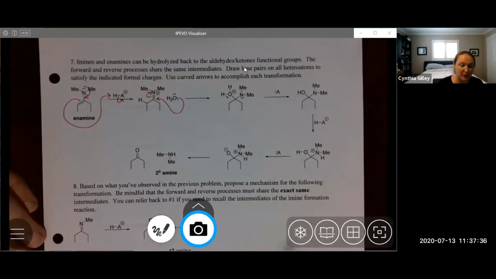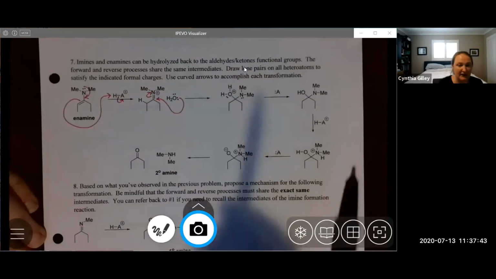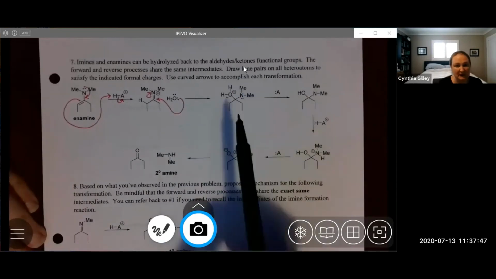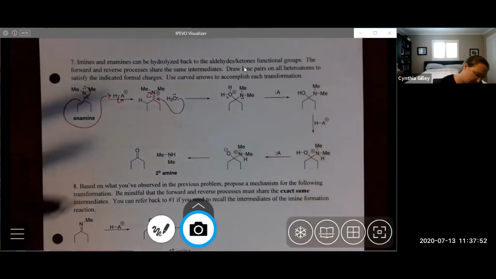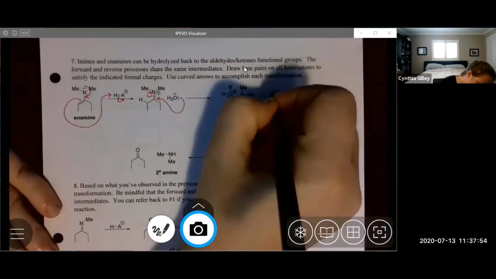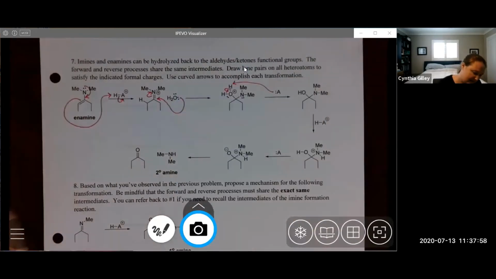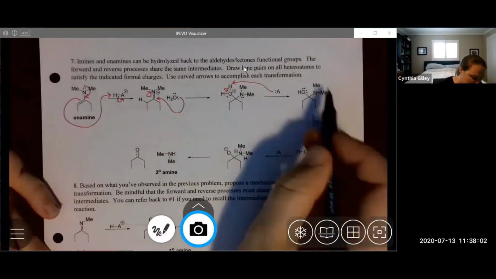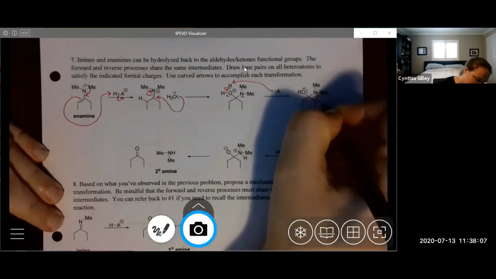The goal is to do a little proton reshuffling where I remove the proton on the oxygen, then place it on the nitrogen so that the nitrogen becomes a good leaving group, so we can kick it out as a leaving group. So we're going to first deprotonate the oxygen, and that will get us here. Now we're at a neutral species, so we can put that proton, instead of on the oxygen, on the nitrogen.